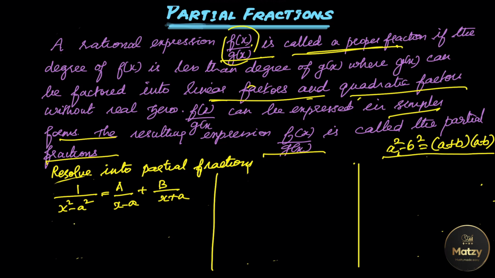If you multiply all the terms by LCM, I am getting 1 is equal to A into x plus a plus B into x minus a. Now I am doing simple multiplication. Ax plus A into small a plus Bx minus B into small a.